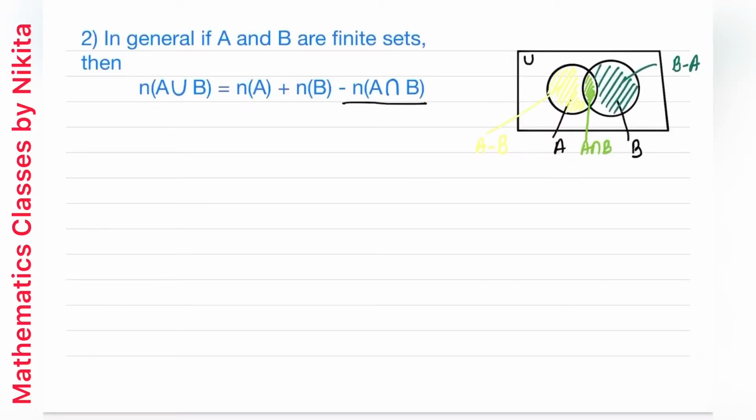Yes, you can easily see that nothing is common in these three sets and their union is equal to A union B. So let us do the proof of this.